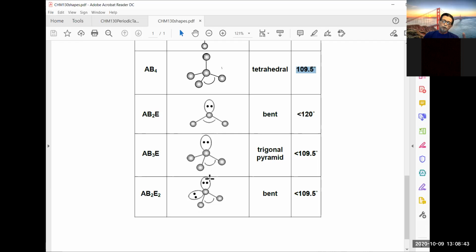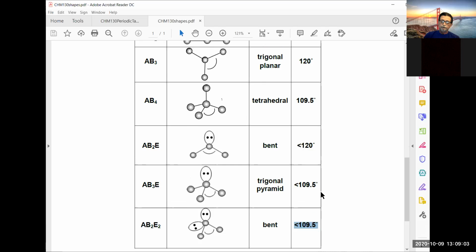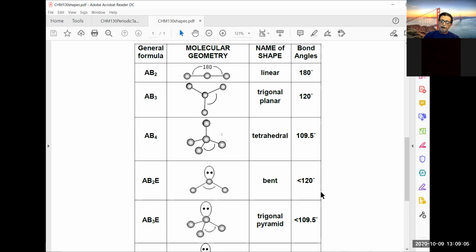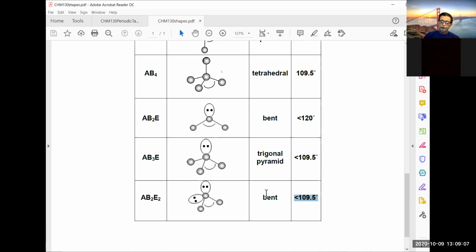But because those lone pairs occupy a lot of space, and water has 2 lone pairs, that angle between the 2 hydrogens gets squished in. And so our bond angle becomes much less than 109.5. And that particular configuration has a name for water, and the name of that shape is bent.